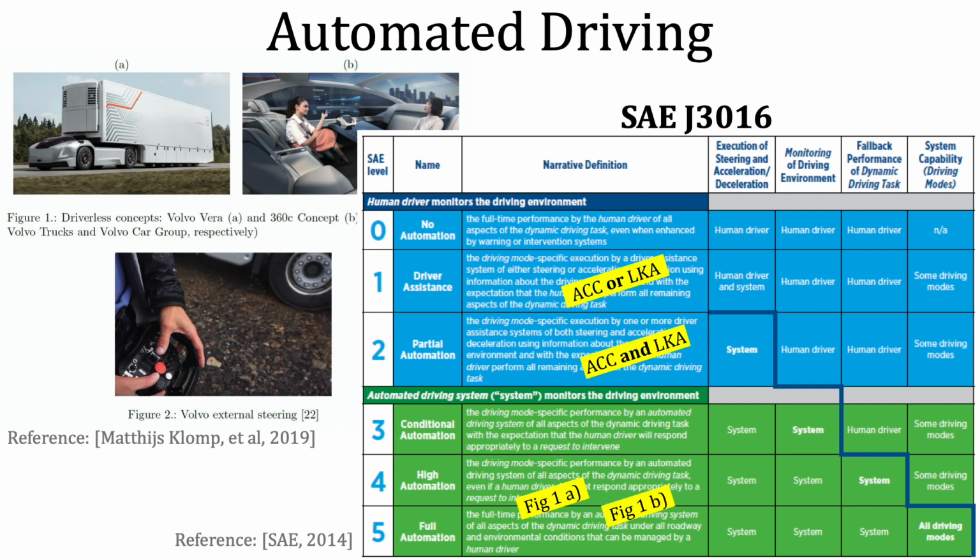And to sort this out, there are a lot of different levels, or not a lot, it's 6, 0 to 5, defined by the Society of Automotive Engineers.